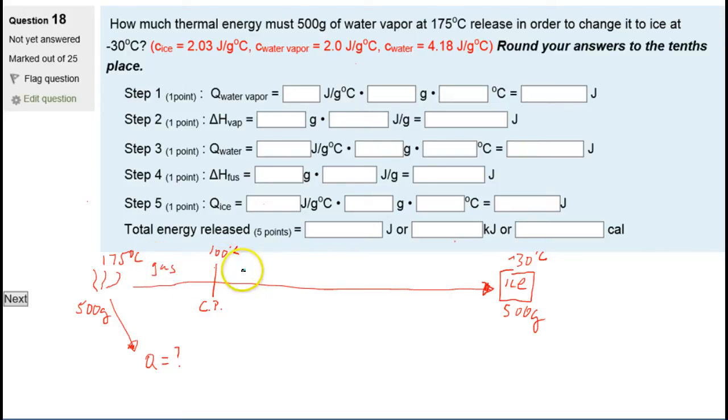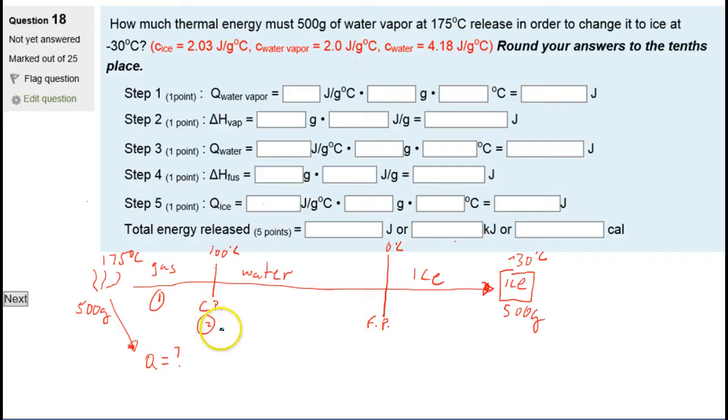It's going to be water from here all the way to 0 degrees Celsius, where this water will now freeze, at which point this water will turn into ice. Alright, so this is what a picture might look like that you will have to set up so that we can understand what's happening. In the first step, what we will have to do is figure out how much thermal energy this water vapor will release as it goes from 175 to 100.